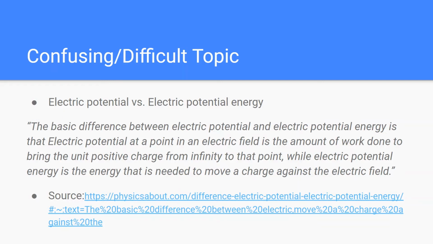On the other hand, electric potential energy is the energy needed to move a charge against the electric field. Thank you.